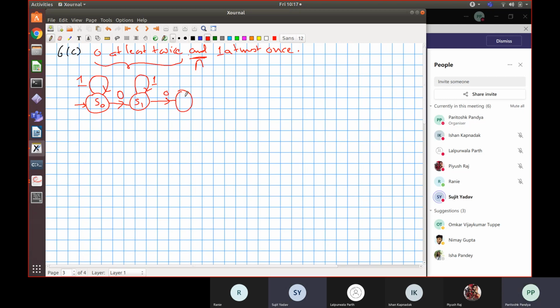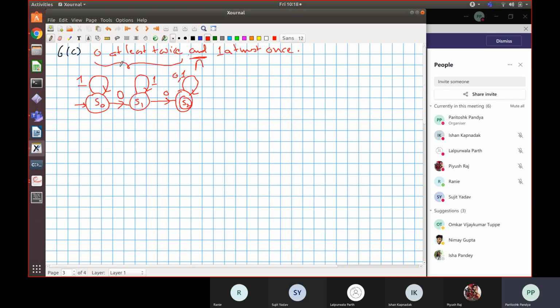Then what happens? Sir, if any of 0 or 1 comes, then it will self loop. And this is a final state, right? Yes. So this is the DFA recognizing where 0 occurs at least twice.